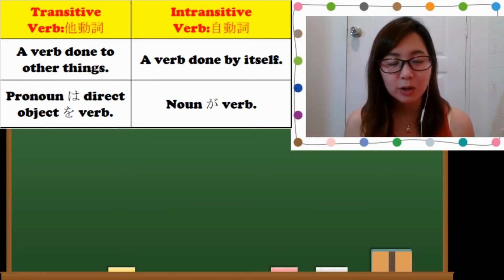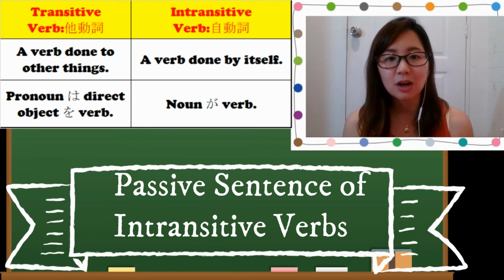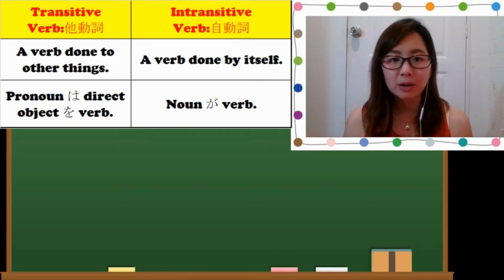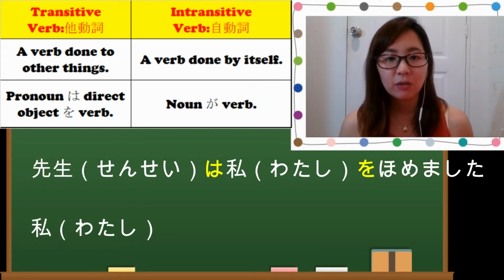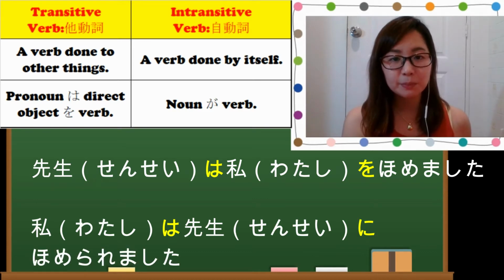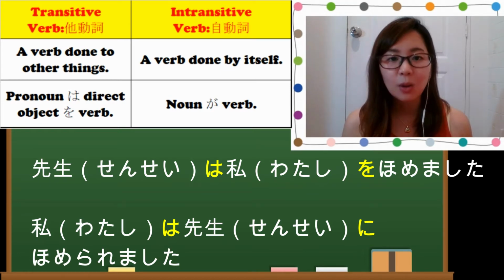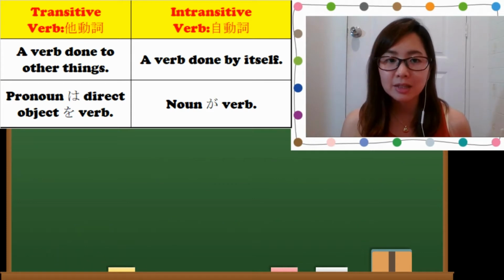Today in this lesson, we will learn about passive sentences of intransitive verbs. In my previous video, we have learned about passive sentences. If I say, the teacher praised me, 先生は私を褒めました。And if I want to make it passive, I was praised by my teacher, it will become 私は先生に褒められました。So 褒めます, to praise someone, is a transitive verb.